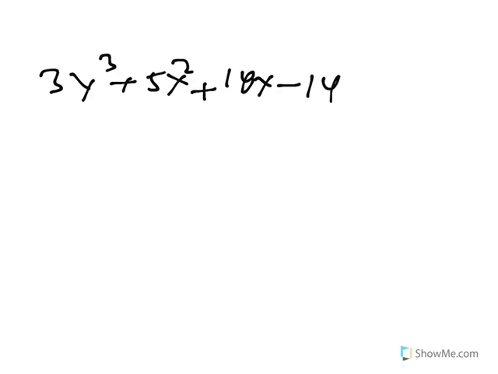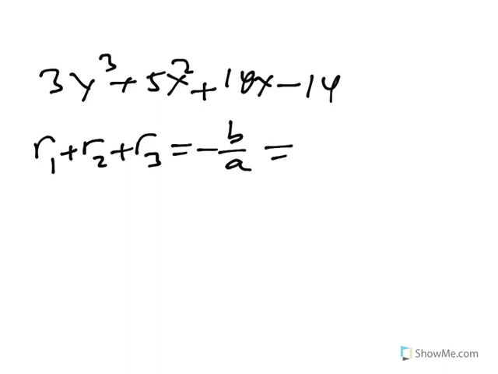Now, the sum of the roots is still going to be negative b over a. That's true for any polynomial. So in this case, it's negative 5 over 3. But this 18 and the 3 is actually involved there also.